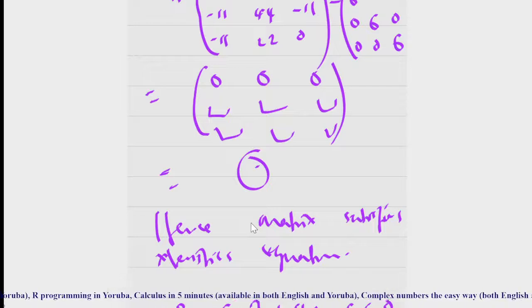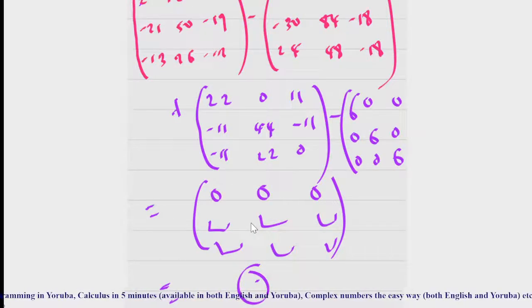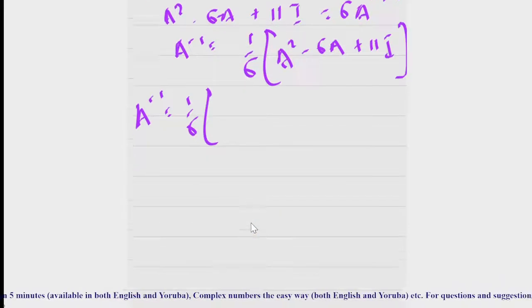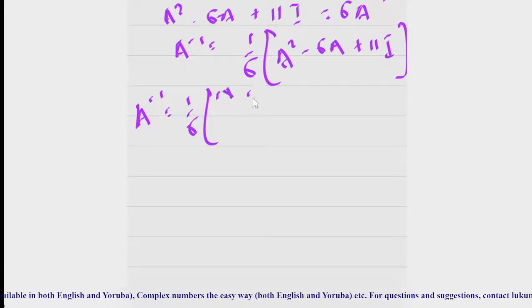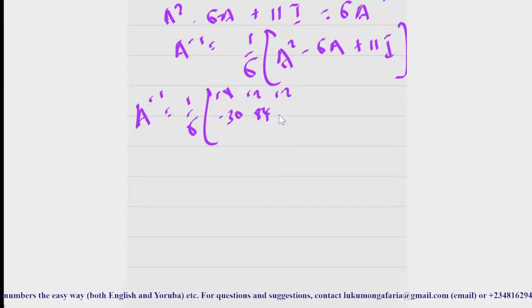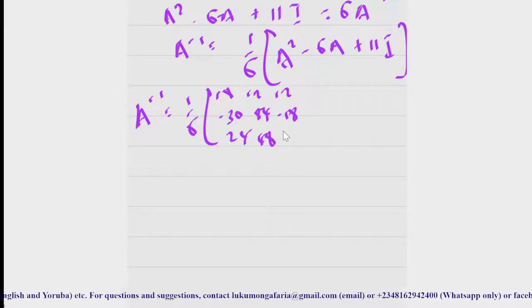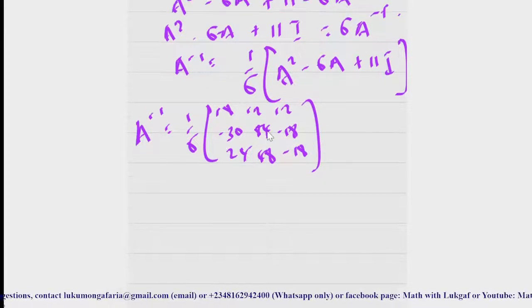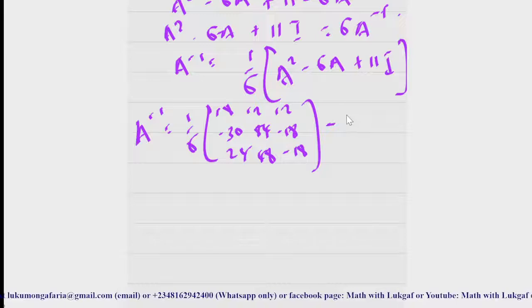So then your A inverse will now be 1 over 6. What is matrix A squared? I think that is 18, 12, 12, minus 30, 84 minus 18, 24, 48 minus 18. I hope you understand now. So then minus 6A.